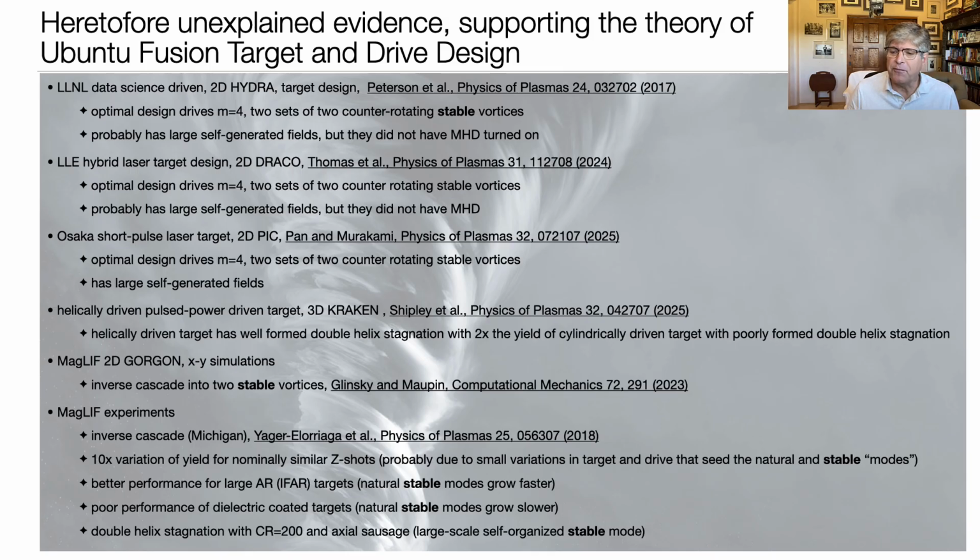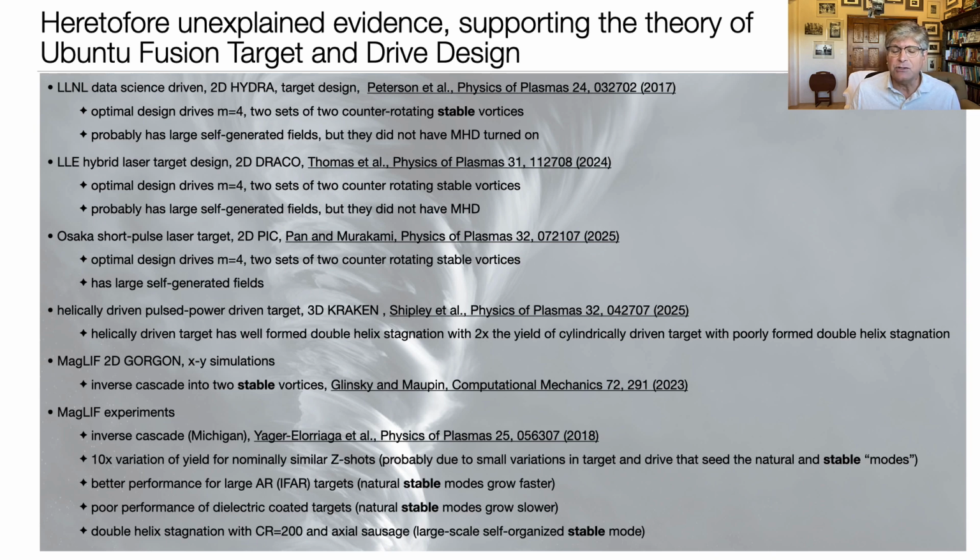And there is poor performance of the dielectric coated targets because natural topological modes are probably growing slower. Experiments at the University of Michigan have tracked the mode merger and the inverse cascade. The last 5 pieces of evidence can be found in simulations.